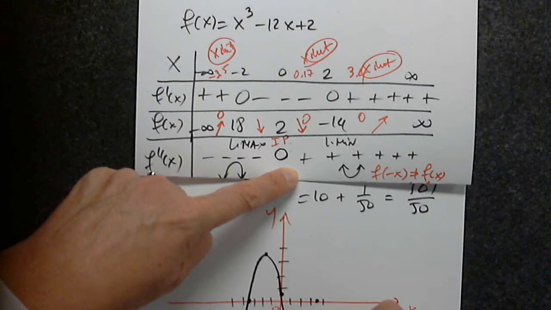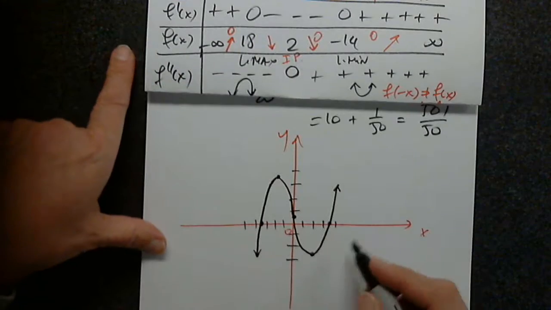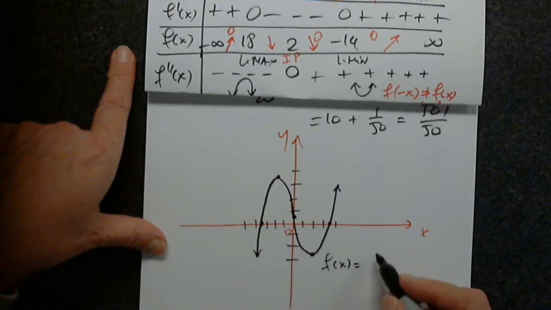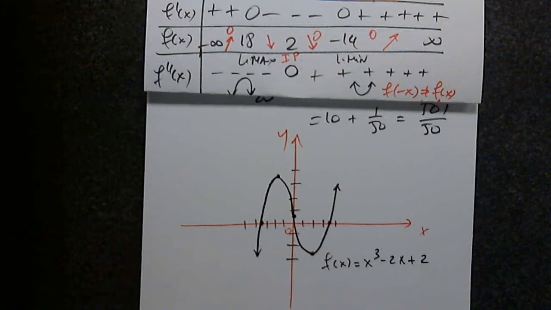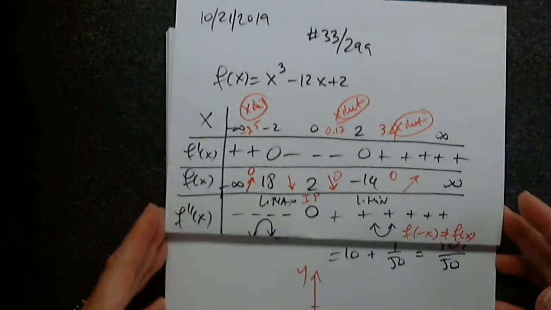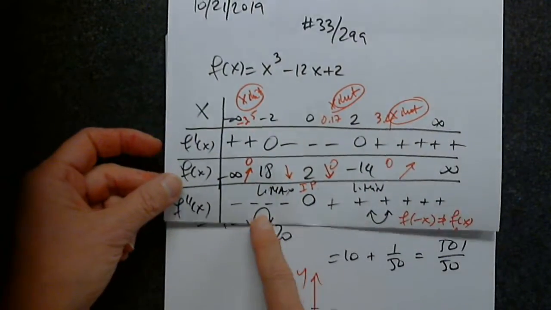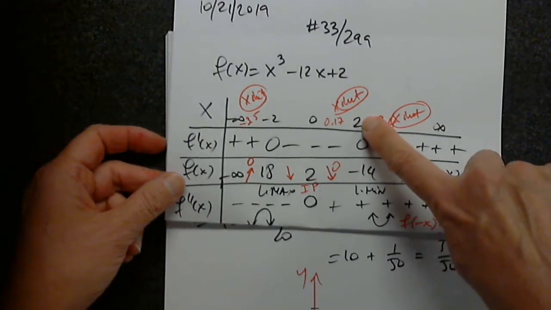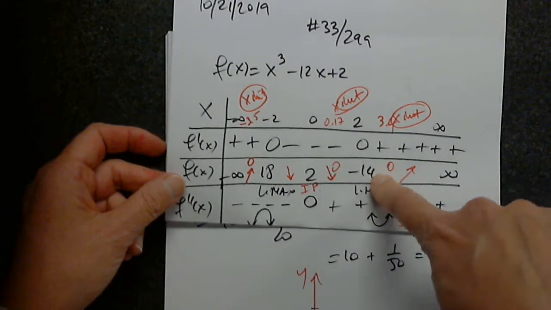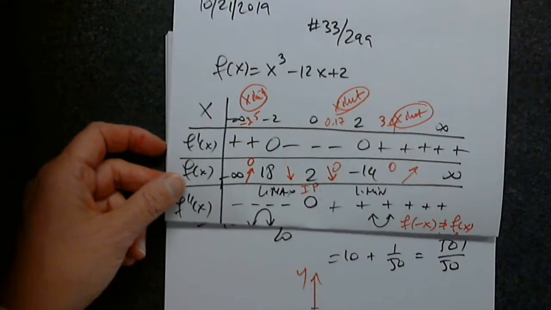It crosses the x-axis at 3.4, 0, and it goes to infinity. There are no more secrets here. X cubed minus 12x plus 2. And we knew all this from the table: increasing, decreasing, and increasing, opening downward, the inflection point 0, 2, the minimum 2, -14, the maximum -2, 18, and these are the x-intercepts.